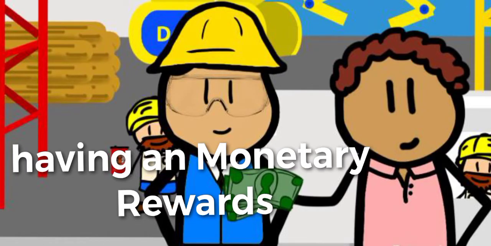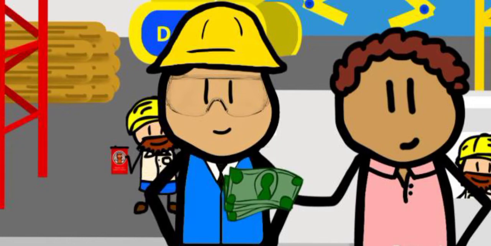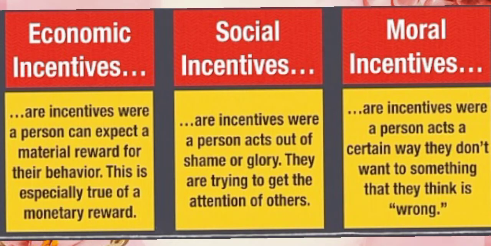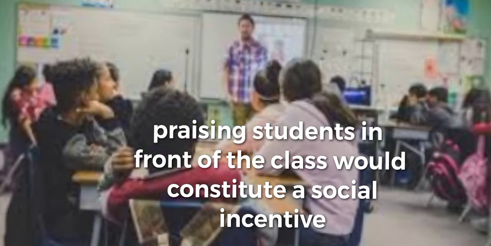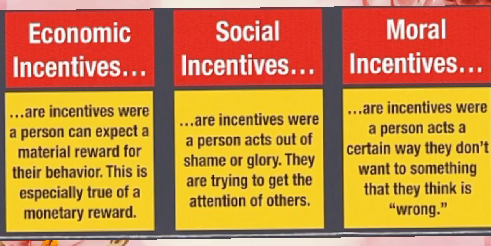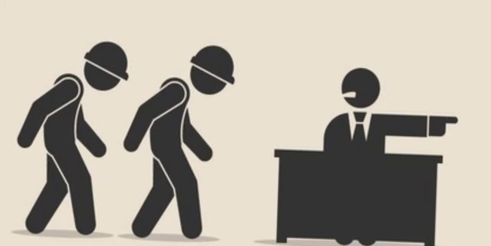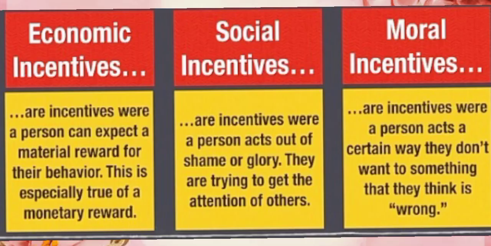This is especially true of monetary rewards. Social incentives are incentives where a person acts out of shame or glory. They are trying to get the approval of others. Moral incentives are incentives where a person acts a certain way because they don't want to do something that they think is wrong. These are the three basic types of incentives.